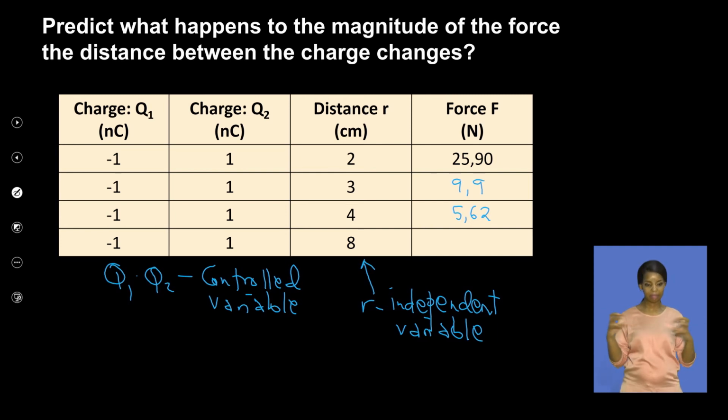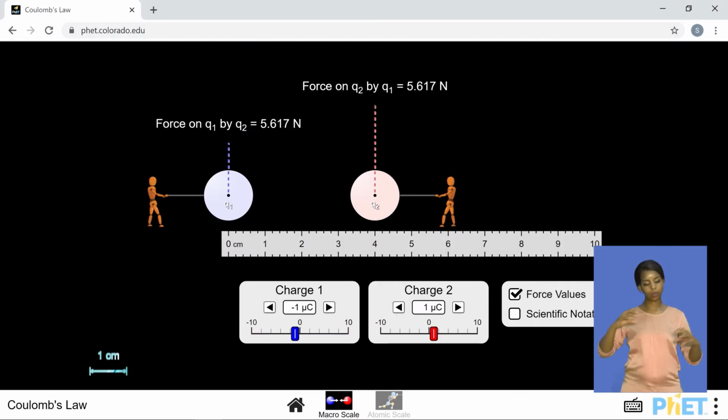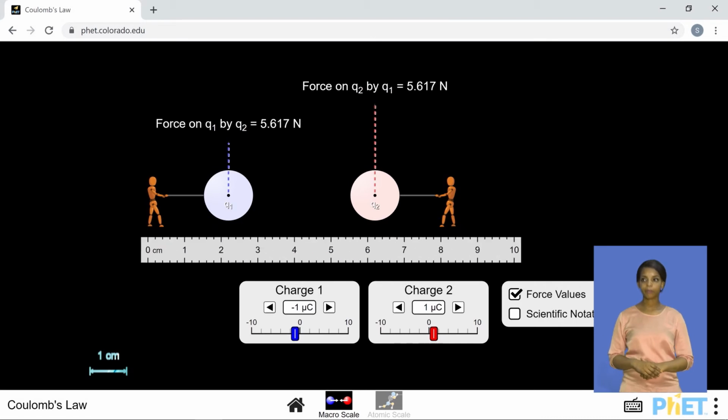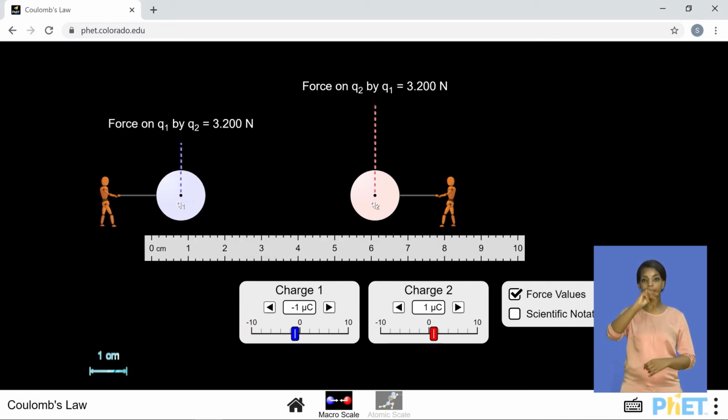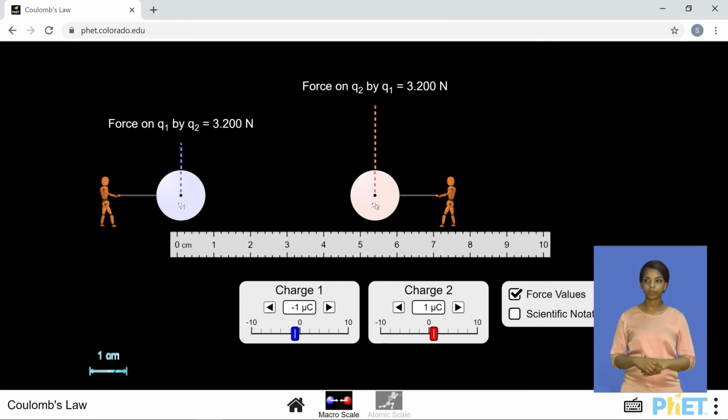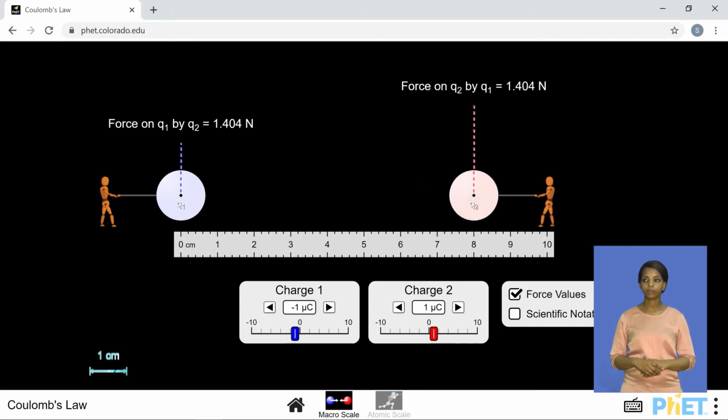Now let's make the distance between them 8 centimeters for argument's sake, okay? If we make the distance between them 8 centimeters, let's move these around so that we create space. So that's 8 centimeters. We take this one there. Now it's 1,4 newtons, okay? Even smaller.